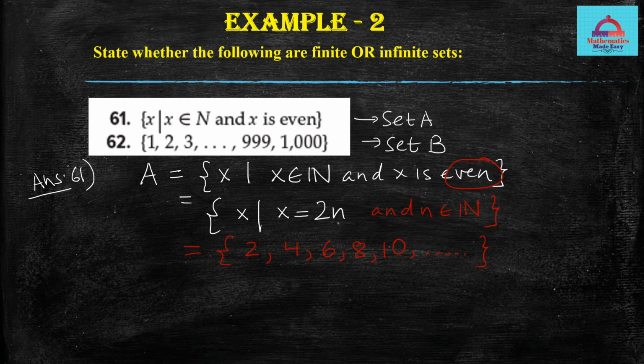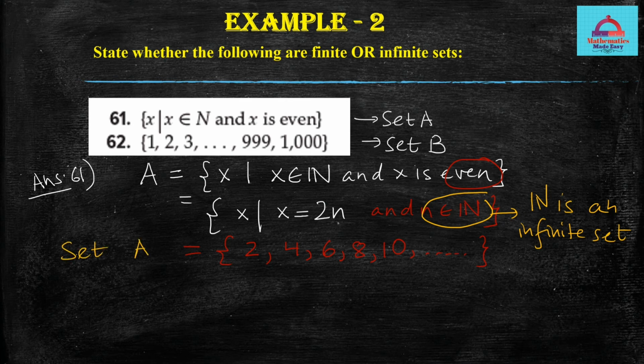The elements are going to continue in that similar way because you have the set of natural numbers, and you already know that the natural number set is an infinite set. So it is going to continue, and hence my set A, which is coming from the set of natural numbers, all these even numbers, is also going to be an infinite set.